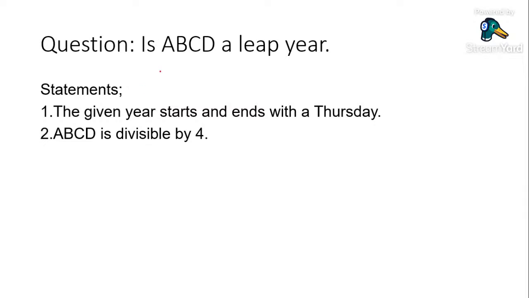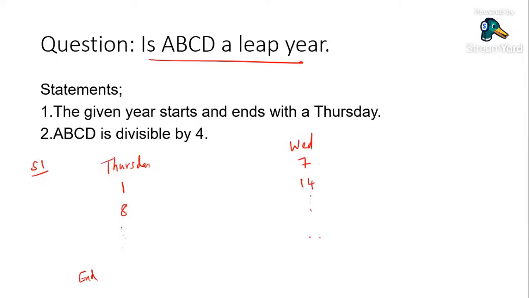So now I will explain this question one more time. The given question is: is ABCD a leap year or not? You are supposed to find whether the year is a leap year or not. Going with the first statement, the first and the last day end with Thursday. So if the first is Thursday, then the 7th will be Wednesday, the 8th will be Thursday again, and the 14th will be Wednesday.